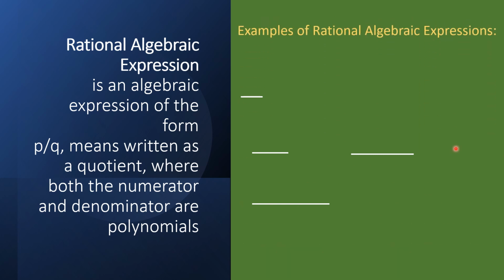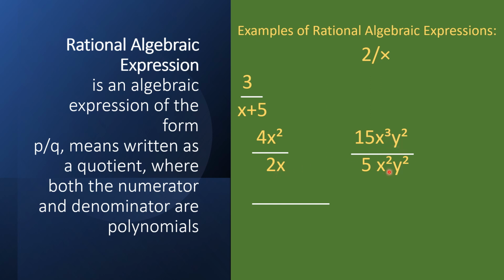Here are some examples of rational algebraic expressions. 2 over x, 3 over x plus 5. You notice the denominator here is a binomial. We have here 4x squared, a monomial, over a monomial, which is 2x.